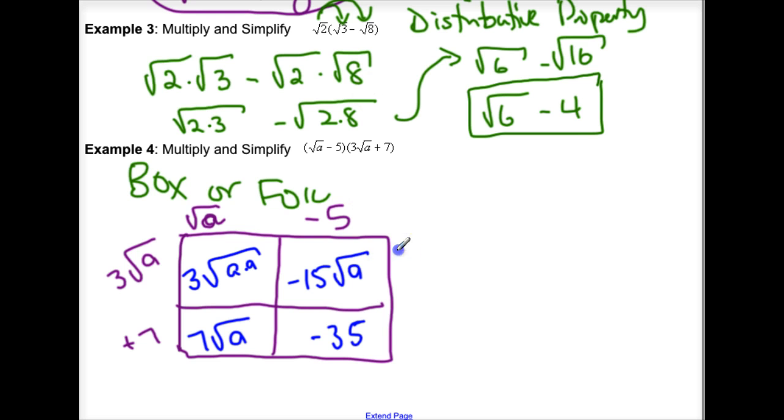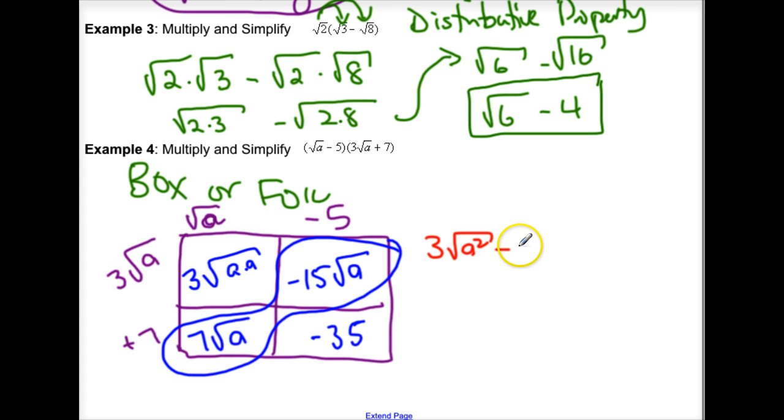So what we want to do is combine my like terms, and we will get 3 square root of a squared, a times a, remember you multiply what's under, minus, what's minus 15 plus 7 is minus 8 square root of a minus 35.